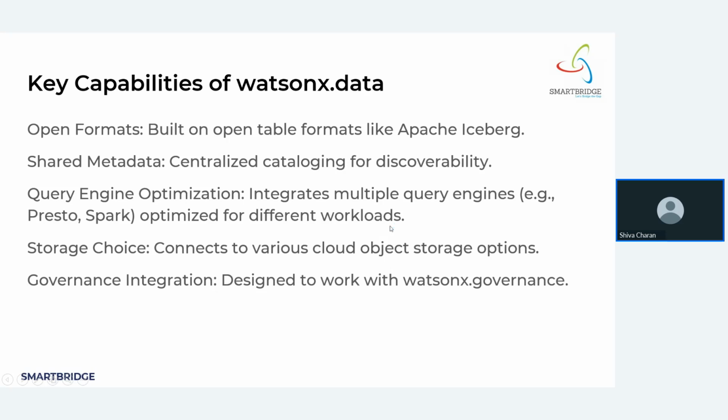Storage choice: it can directly connect to various cloud object storage options. And governance integration, which is also very important: it is designed to work with watsonx.governance. These are the key capabilities of watsonx.data.